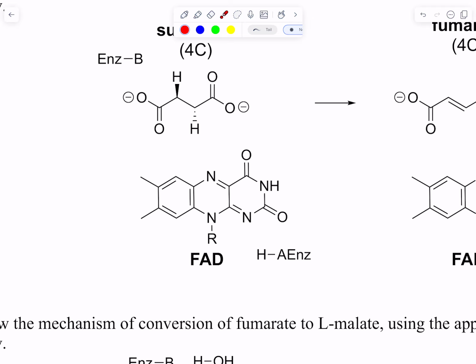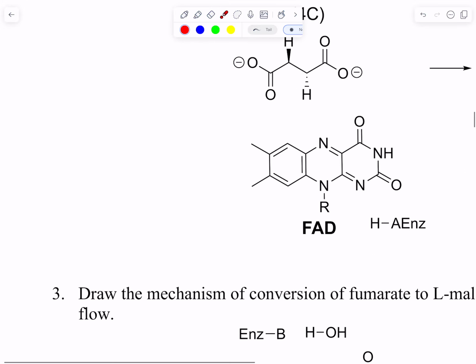And it doesn't look quite like NAD+, because it doesn't have the positive charge, and it's a little bit more difficult to determine where the electrophilic atoms are. So I'm going to attempt to show you this by showing you a resonance structure that tells you which atoms are electron rich versus electron poor in this molecule.